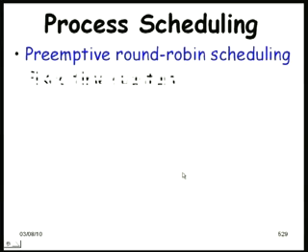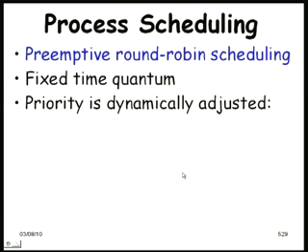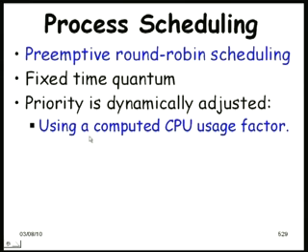The scheduling policy that is followed is round robin scheduling with a fixed time quantum, and the priority is dynamically adjusted. That is what we are saying. Unix by itself does not support any static priority. As the task keeps on running, its priority value keeps going up and down based on what the task is doing. So, what the scheduler does is that it computes a CPU usage factor, that is, what fraction of its time slice it could use the CPU.